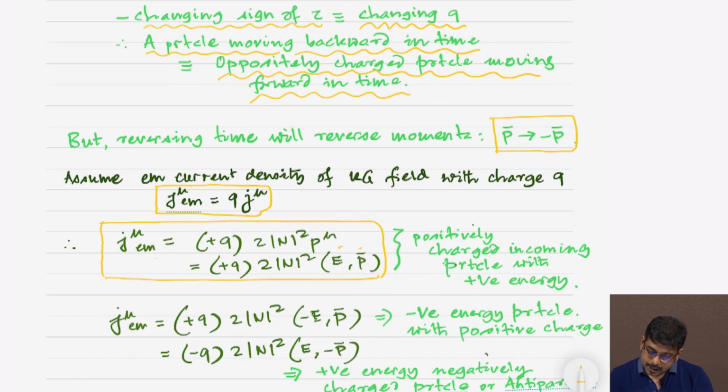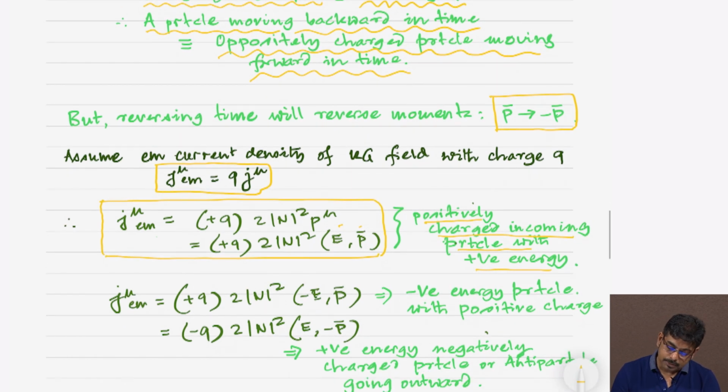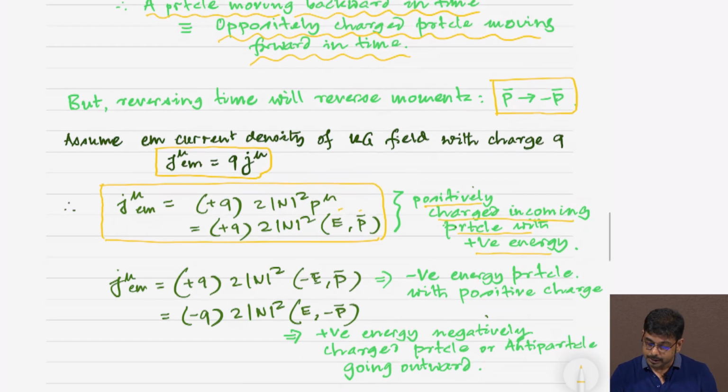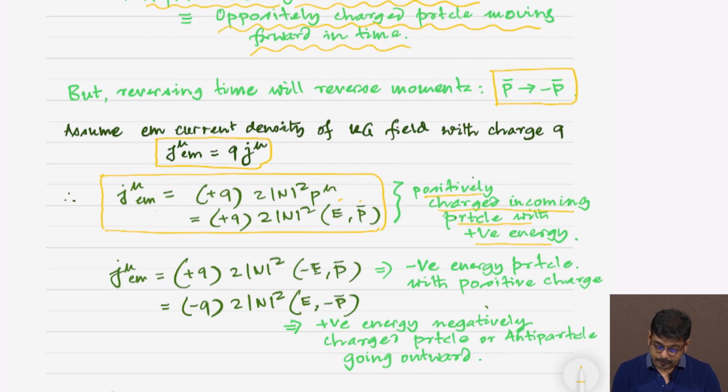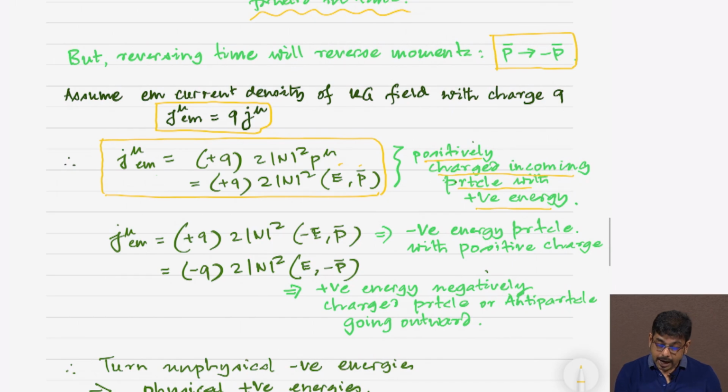So, this describes a positively charged incoming particle with positive energy. The energy is positive, momentum is positive, the charge is positive. So, this current basically describes a positively charged incoming particle with positive energy. Now, let us do one thing: let us change the sign of this energy and make it minus E here. Okay?